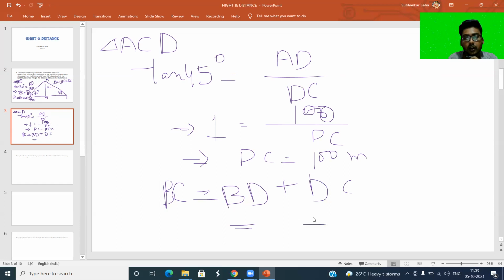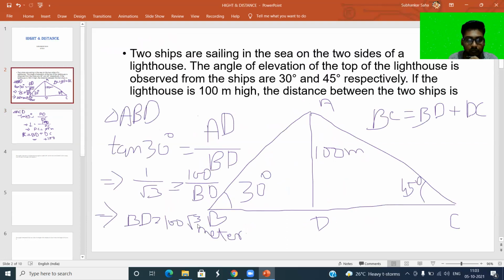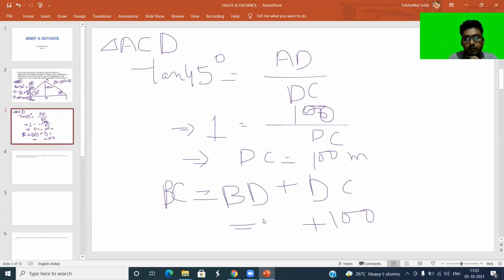DC is 100 and BD is 100 root 3. Then taking 100 common, root 3 plus 1.